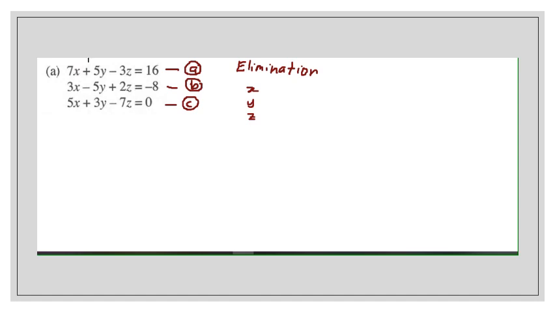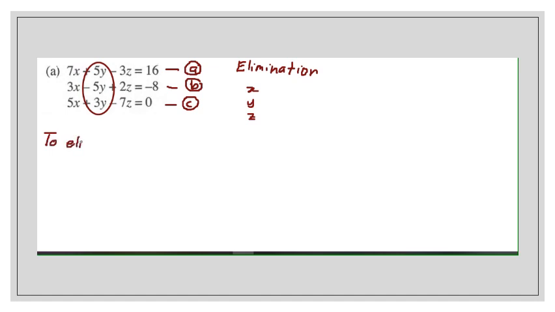For example, now we look at unknown y. Here is unknown y: 5y, negative 5y, 3y. We can see that we have 2 values of coefficient for variable y, that is 5y in equation A, negative 5y in equation B. So we start our elimination method by eliminating one of the variables used in these equations.